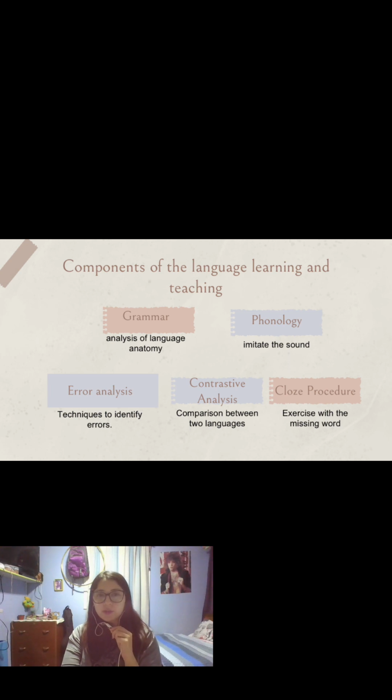Close procedure is a type of exercise that is associated with reading comprehension. It is frequently used in second language learning, and it consists of filling in the sentence with the missing word.